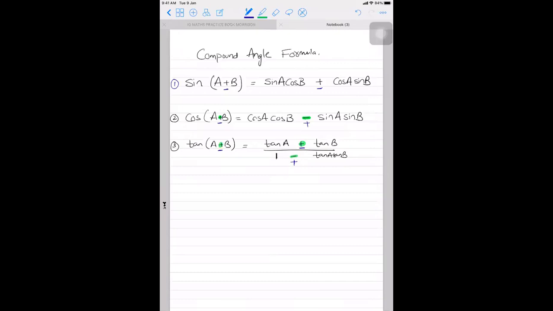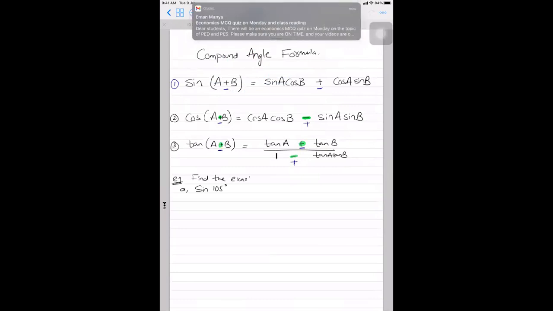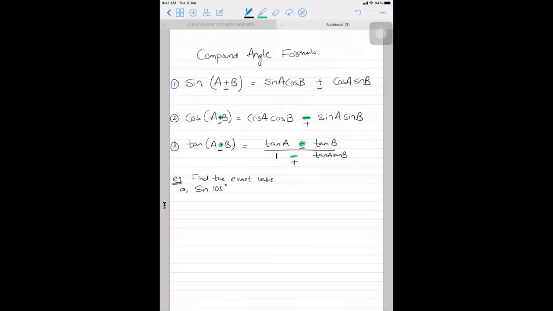Let me show you an example. Sine of 105 degrees, we are being asked to find the exact value of sine of 105 degrees. Now I need to recall how I can split the 105 degree angle into two angles whose trigonometric ratios I can easily find.